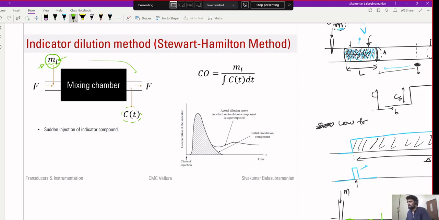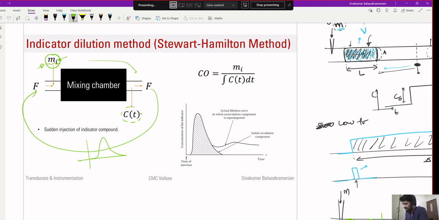There is another problem as well. Like I said, the concentration curve would look like this, but if the dye is not catabolized in the body at all, that means once you introduce it, it is going to eventually stay in the blood forever.